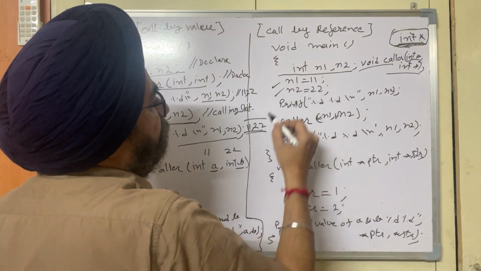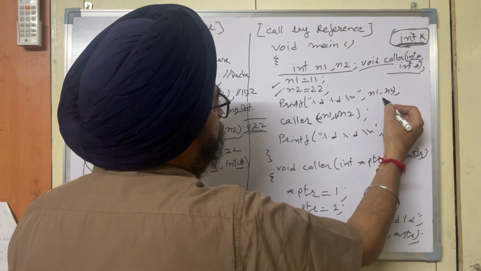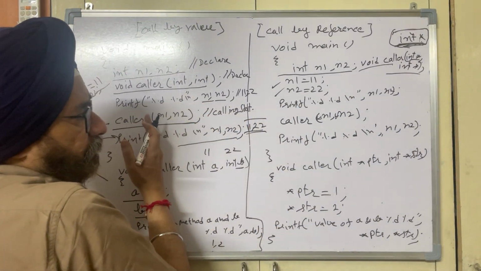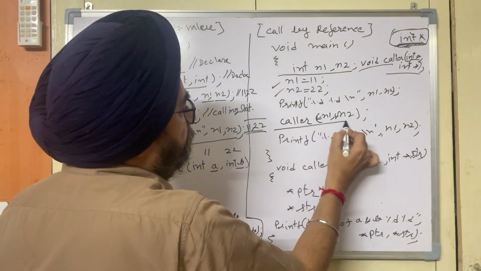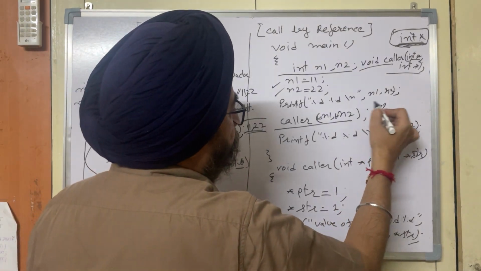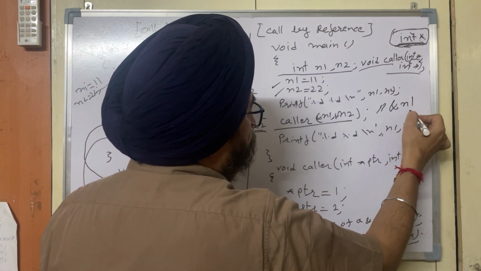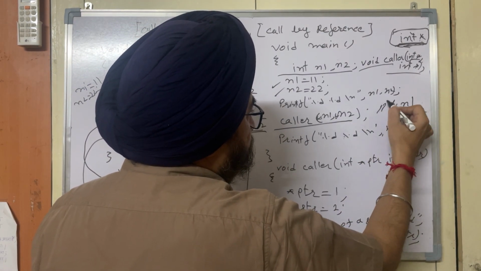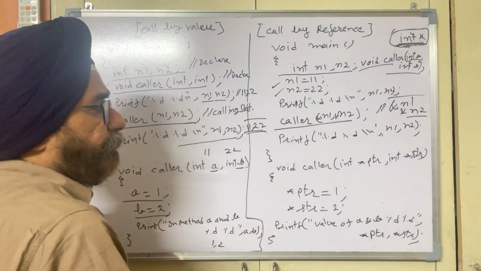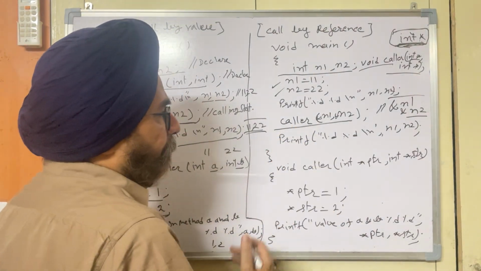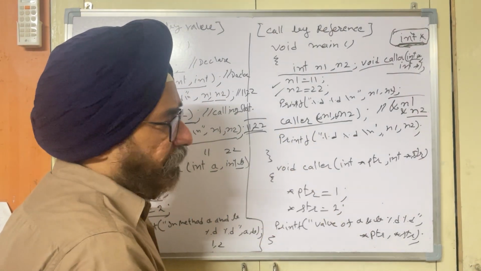I initialize 11 and 22, and it will show 11 and 22 in the same way. In this program, we call the method, but importantly we are using n1 and the address of it. In the previous example, ampersand is the address-of operator.